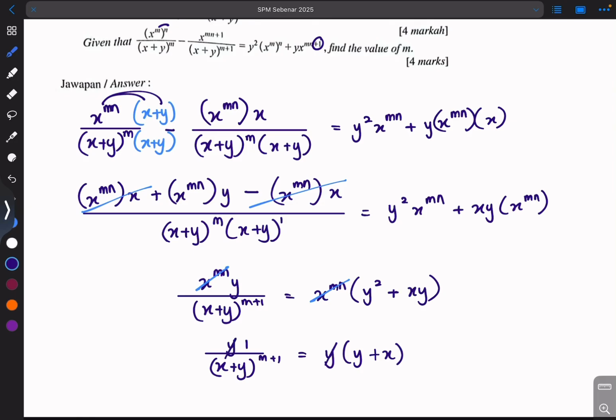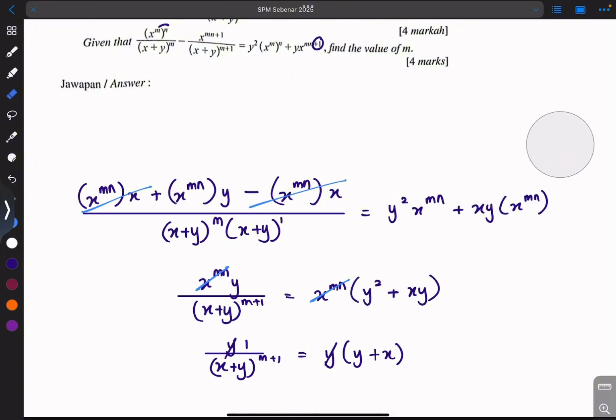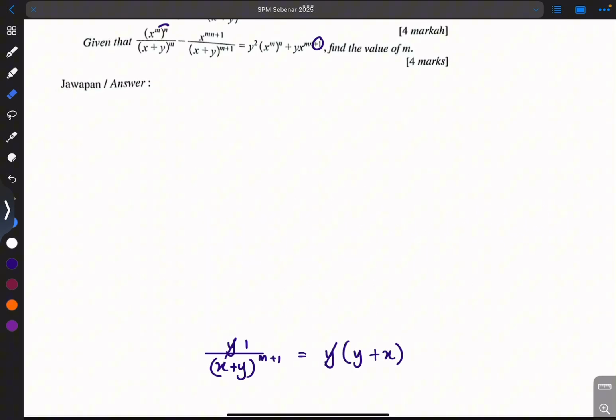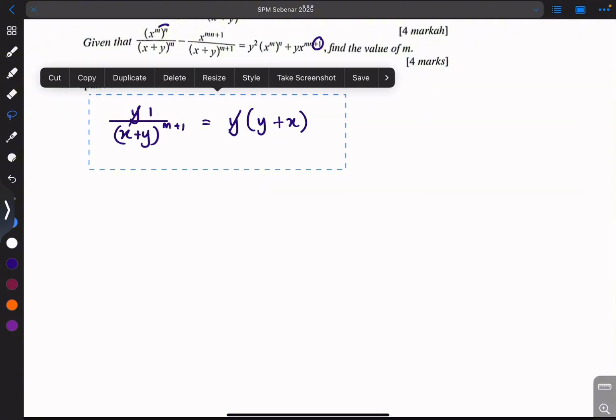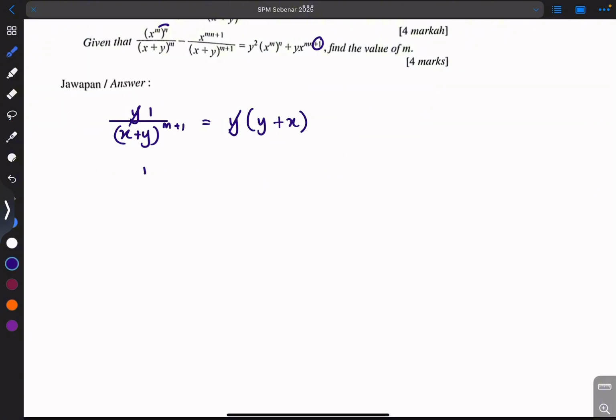So we'll be left with, alamak, no more space. Okay, I erase the top one. So we'll be left with 1 over x plus y power m plus 1 equals to y plus x.